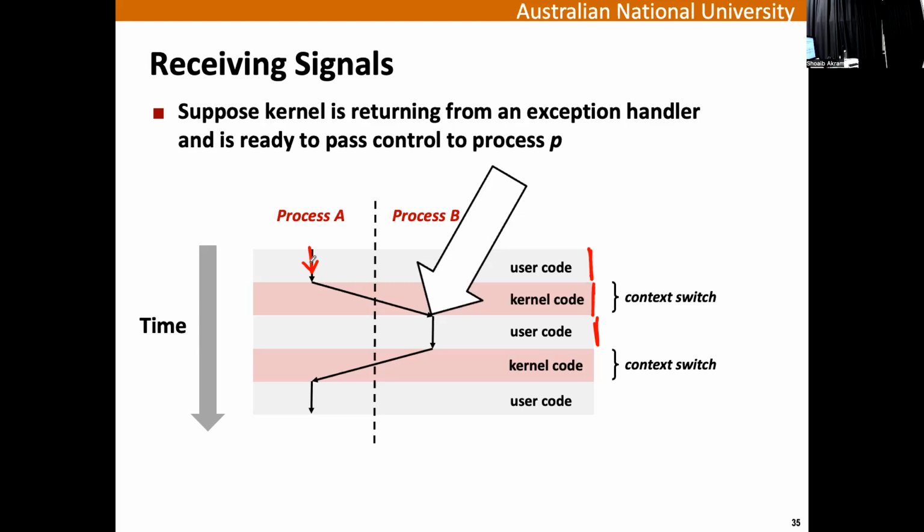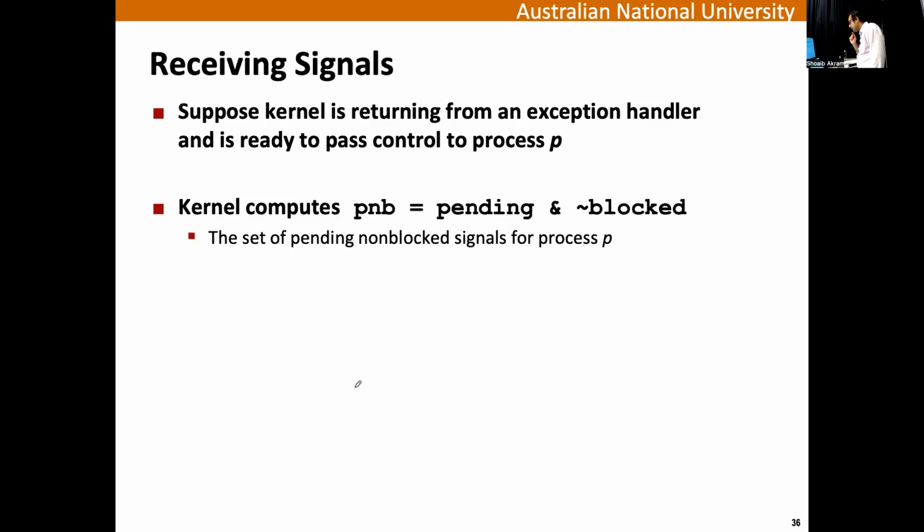Whenever there is a system call and the kernel is returning from a system call or returning from an exception handler or from a context switch, at that point, it checks to see if there are any pending signals. It checks the pending bit vector to see if there are any signals to deliver to the process. So it computes pnb, which is pending signals and not blocked.